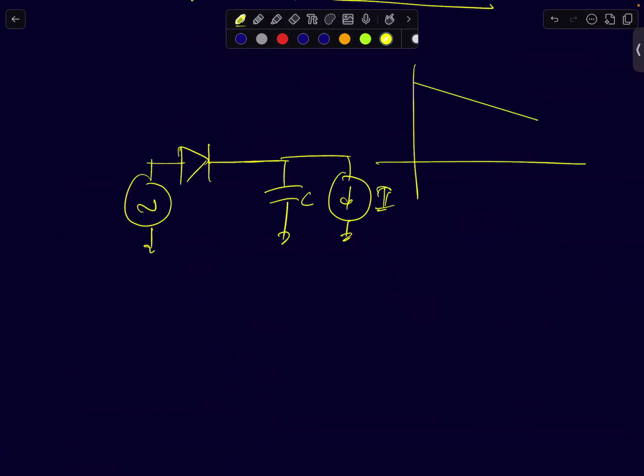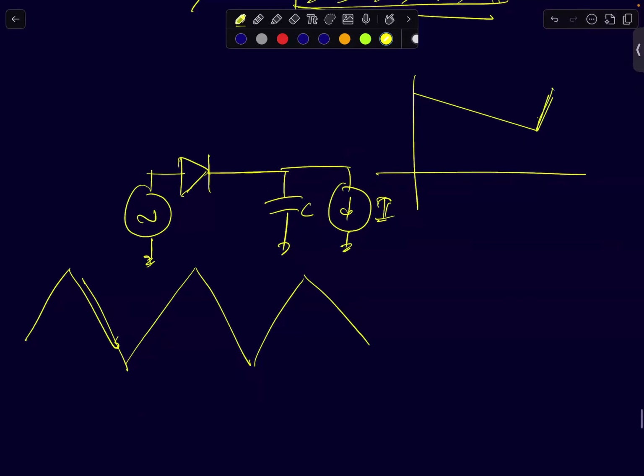And suddenly when the diode turns on, whether it is a sinusoid or a ramp waveform like this, there will be a brief moment when the diode will turn on, quickly charge the capacitor to the desired voltage, and then it will bleed like this. The same concept holds true here also. If you assume this peak to peak is really small compared to this average value, you can treat the average current of this diode as exactly equal to I. So that was the idea behind it, and I thought it was an interesting problem to discuss.